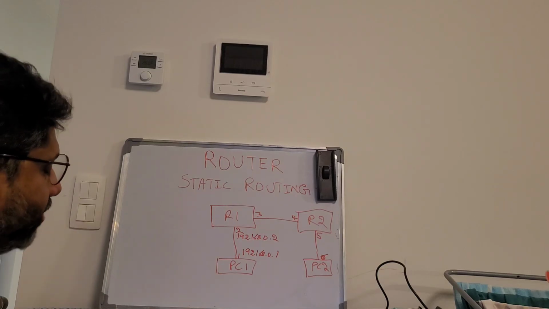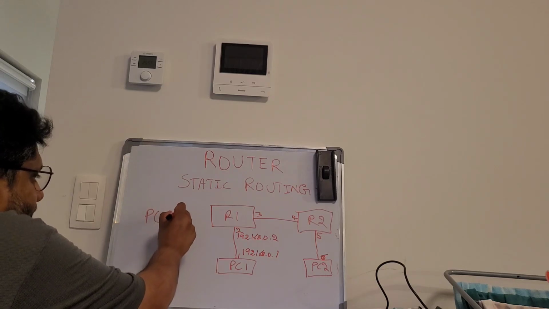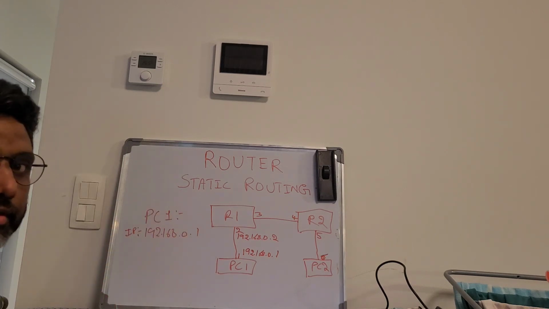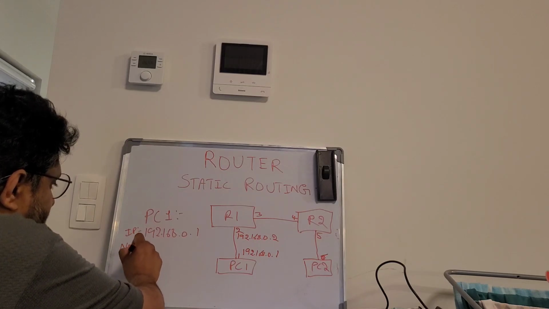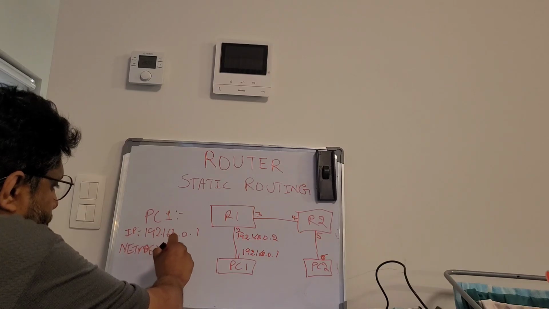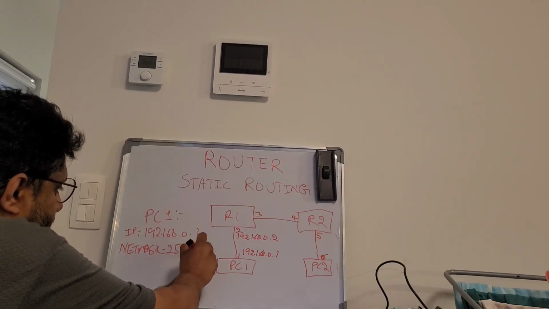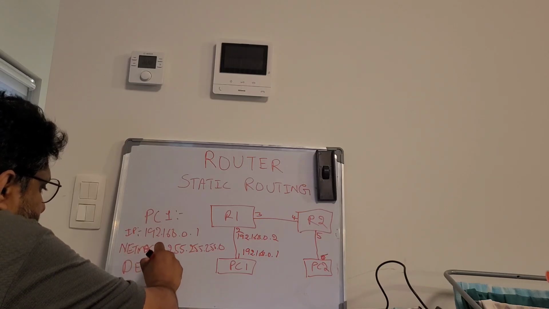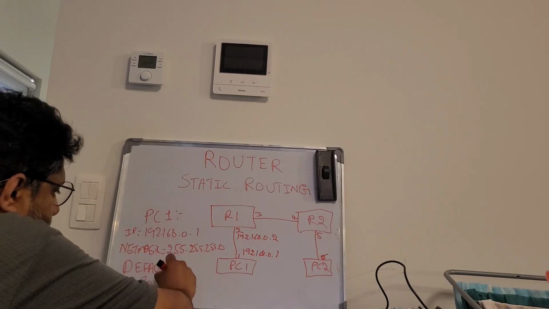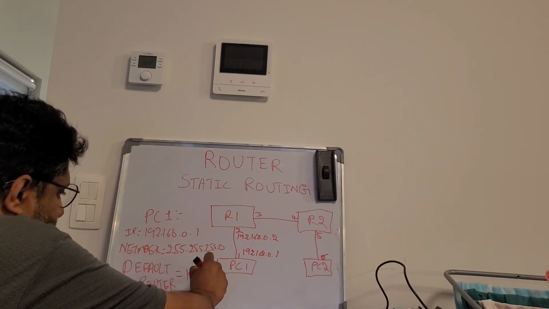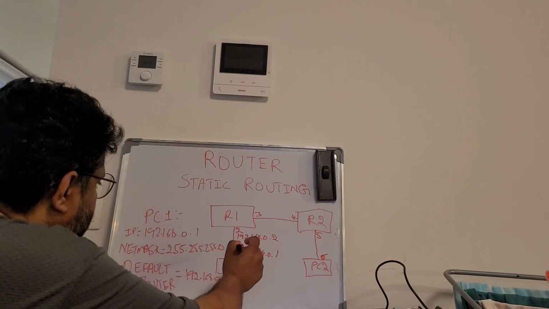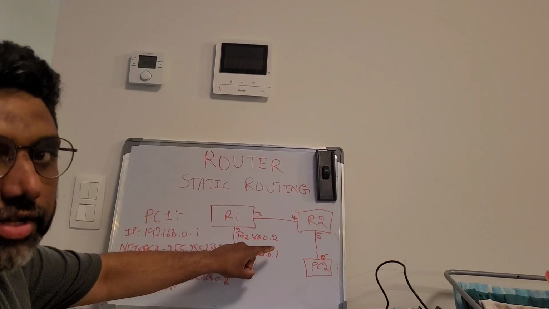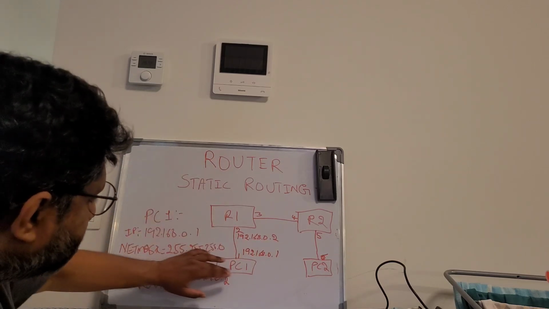So how will we define the PC1 IP address? PC1's IP address is 192.168.0.1, the netmask, which is called the subnet mask, is 255.255.255.0, and the default router is 192.168.0.2, because the IP address of the second interface of R1 will be the default router for PC1 to route the packets, since there is no other interface connected to the network.